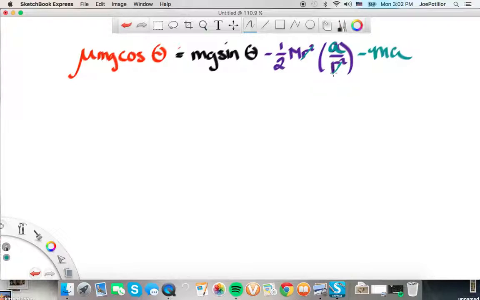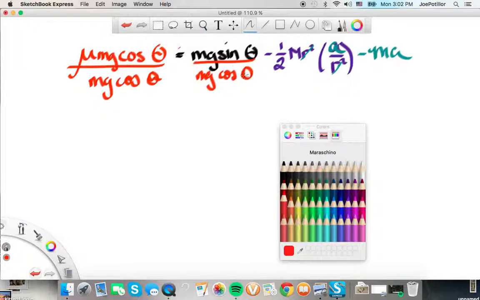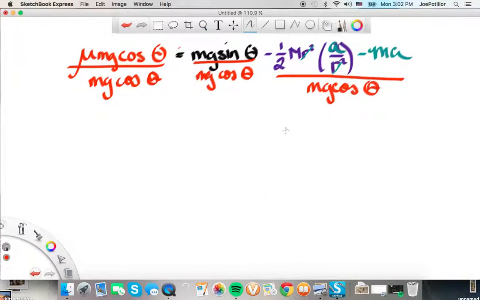And so from here, we can simply divide the whole equation by mg cosine theta, and we'll get our coefficient of friction.